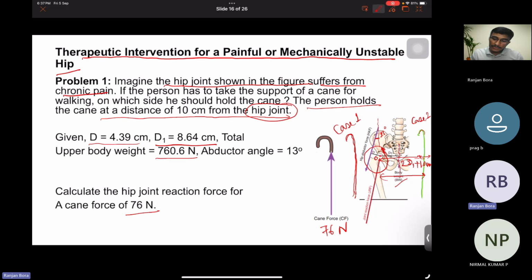Because hip joints are symmetric with respect to the central axis, the distance between the central axis and the left hip joint center will also be D1. And from the left hip joint center towards his left, he holds the cane at a distance of 10 centimeter. That's why this distance will be 2D1 plus 10 centimeter. So have you understood?